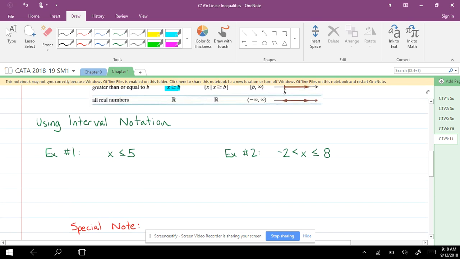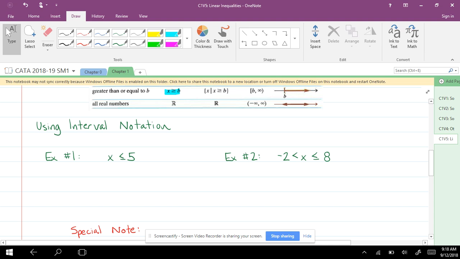So if I take a look at a couple examples here, this first one says x is less than or equal to 5. I want to first think about this visually. Here's 5. Because it says it's less than or equal to, we're going to include the 5 and then everything below it.